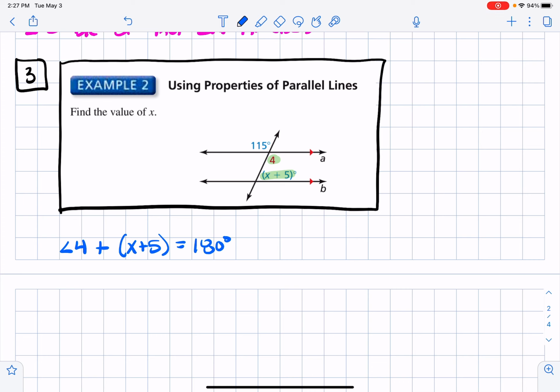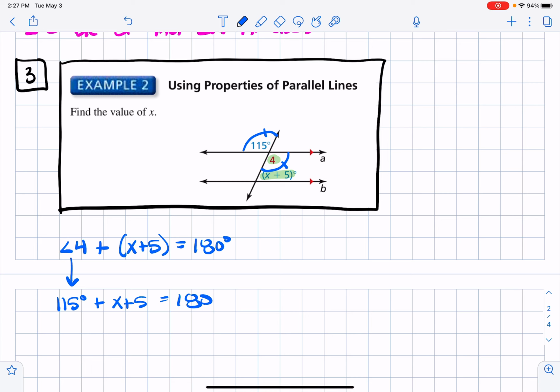Now I also know that because 115 and angle 4 are vertical angles, they are congruent. So therefore, the measure of angle 4 is now worth 115. So 115 plus x plus 5 has got to be 180.